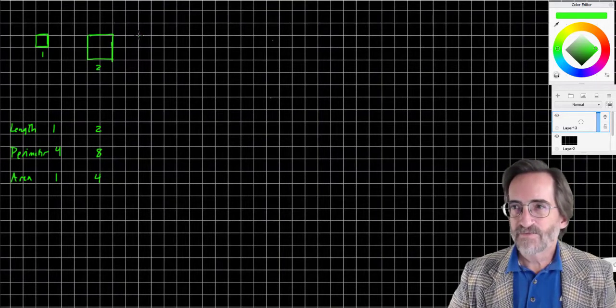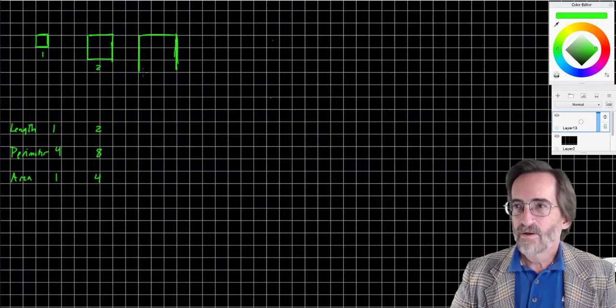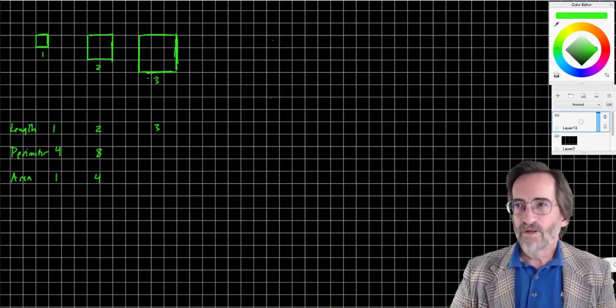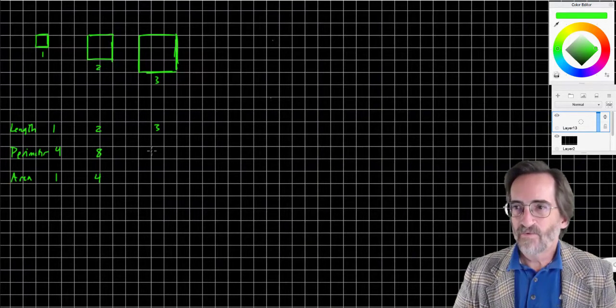Okay, now let's expand it out to 3 by 3. The length is 3. The perimeter is 3 plus 3 plus 3 plus 3, or 3, 6, 9, 12. And the area is 3 times 3, or 9.